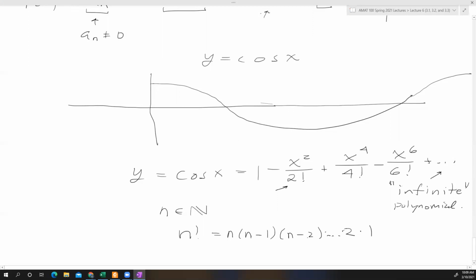So that's all this n exclamation point means. This is read as n factorial. It's just a product of all integers from 1 up to n. So 2 factorial is pretty easy, actually. 2 factorial is 2 times 1, which is just 2. 4 factorial is 4 times 3 times 2 times 1, which is 24, if I did it right.